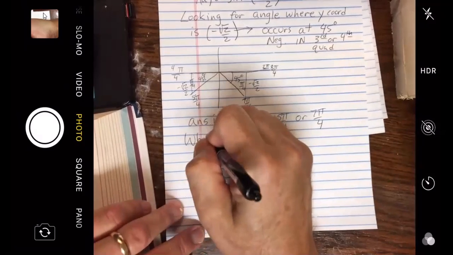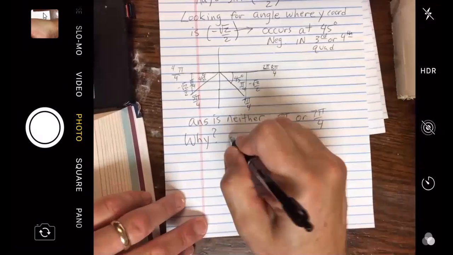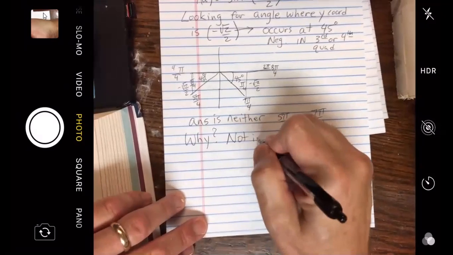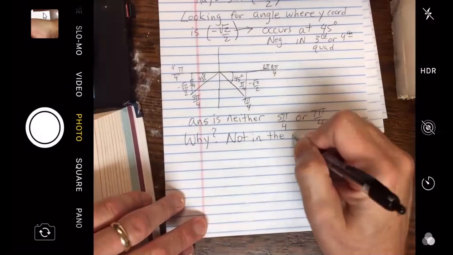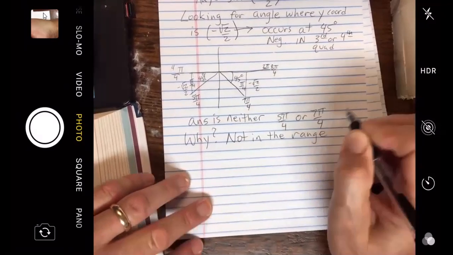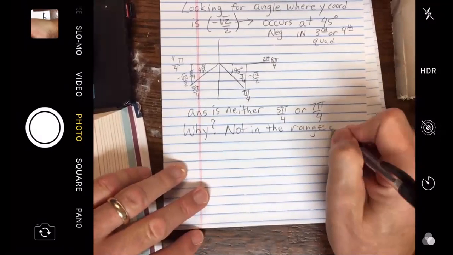Why? They're not in the range of your arc sine.